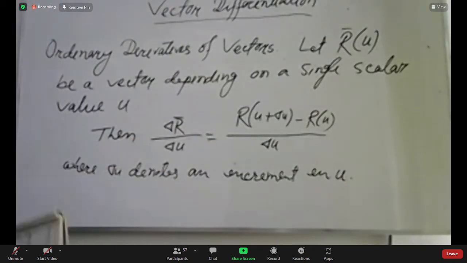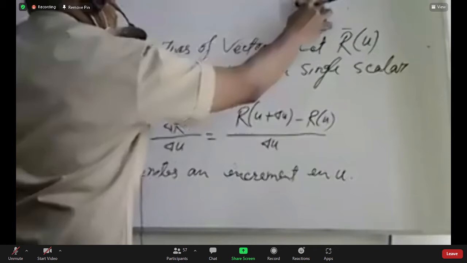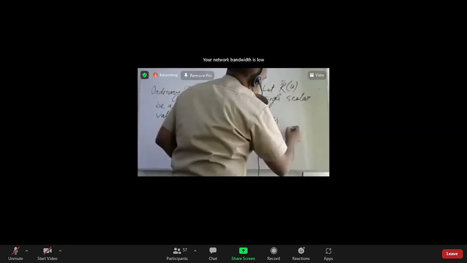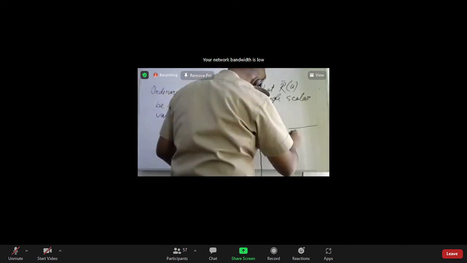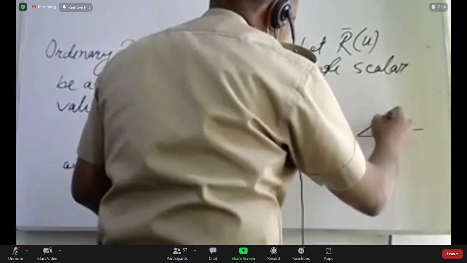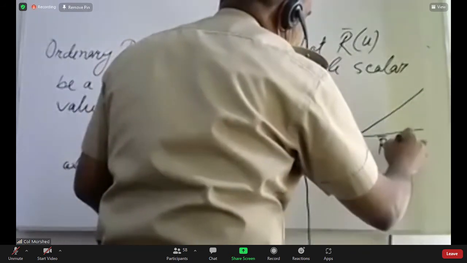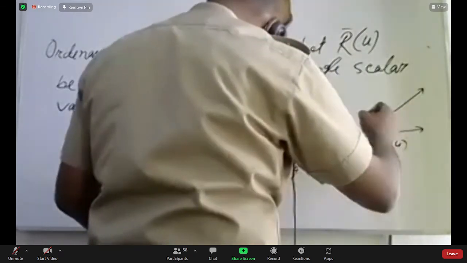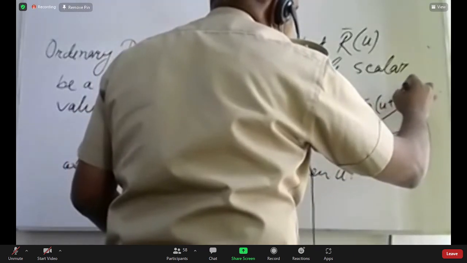If we show it in a figure, you will understand. I am drawing a figure. This is a vector r(u), and this is another vector r(u plus delta u).